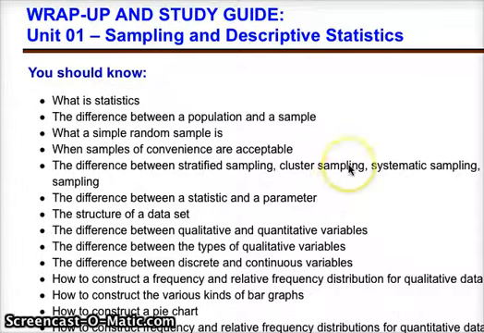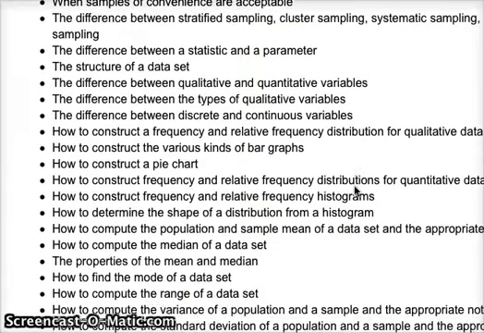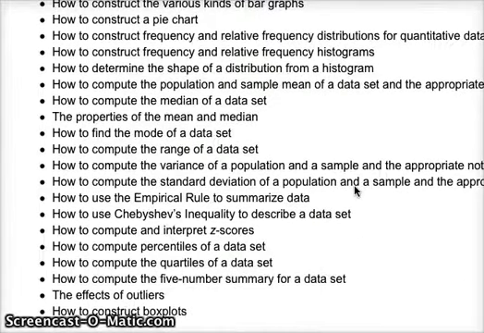These questions, as you know, are related to the questions in the lesson notes and in the videos, beginning with what is statistics, all the way down here, distinguishing between the different types of things in statistics. For example, how to use the empirical rule. That's the 68, 95, 99 rule.